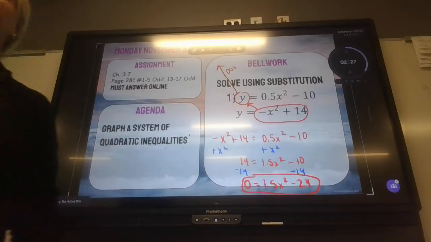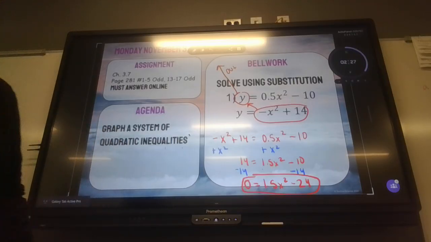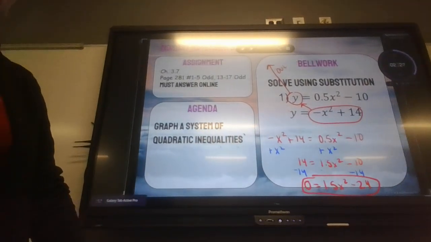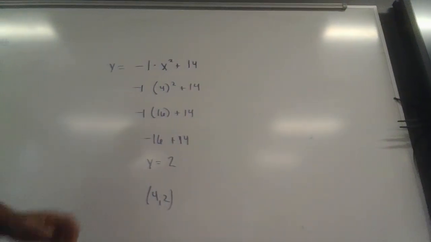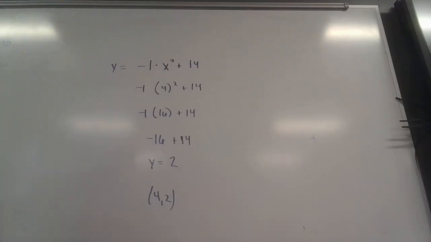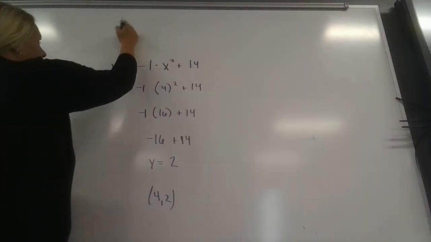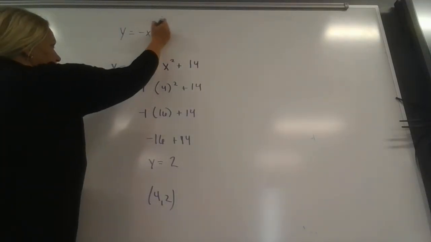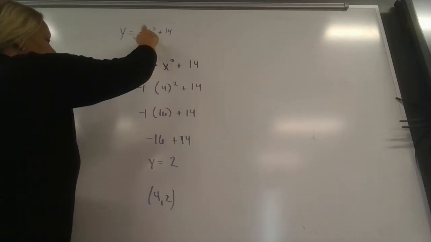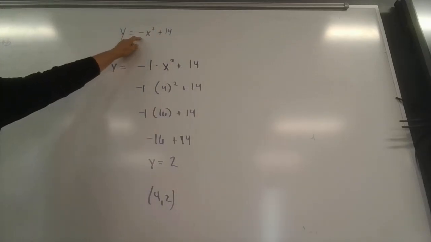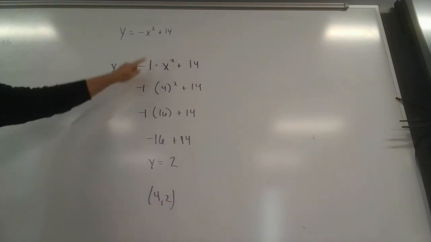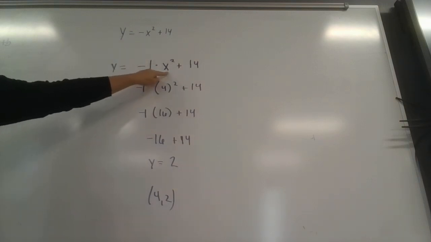You could. All right, we are not done yet. We have to find y. There is something very tricky about that second equation: y equals negative x squared plus 14. This is a commonly mistaken problem because people read this as negative x squared, where really it's negative 1 times x squared.